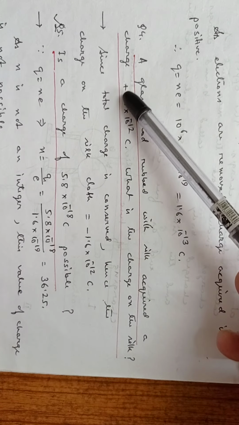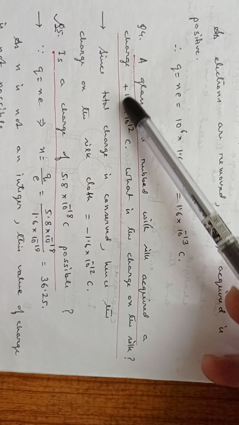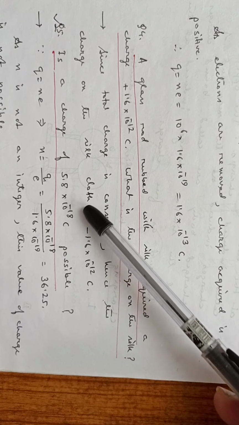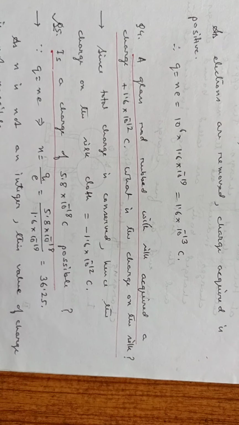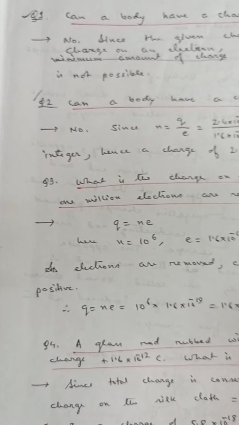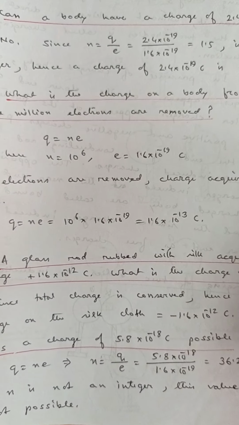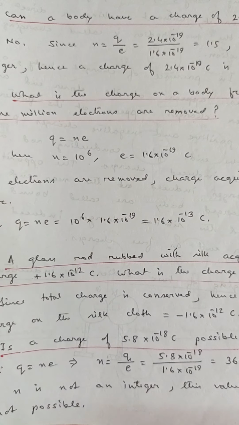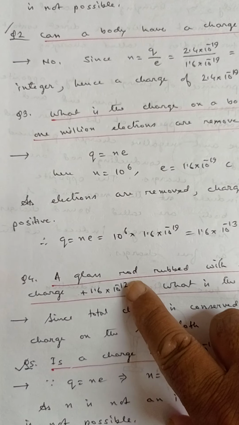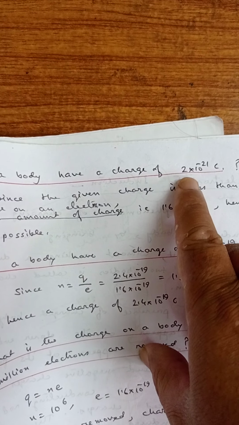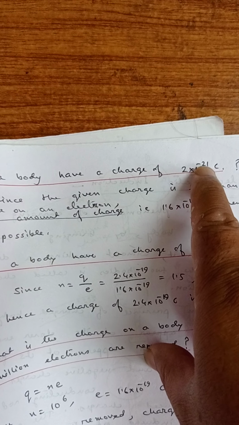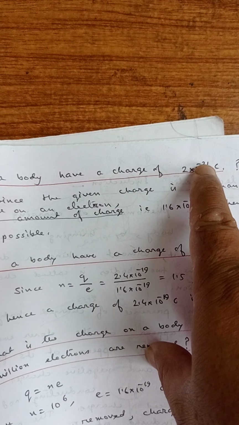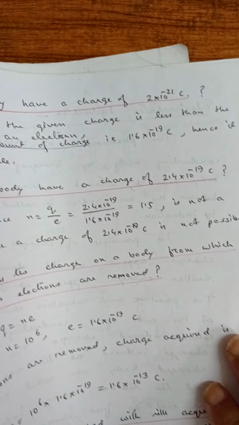So since the charge on glass is plus 1.6 into 10 to the power minus 12, the charge on silk must be minus 1.6 into 10 to the power minus 12 coulomb. And this comes from the conservation of electric charges. The first question, can a body have a charge of 2 into 10 to the power minus 21 coulomb? It comes from quantization of electric charge.